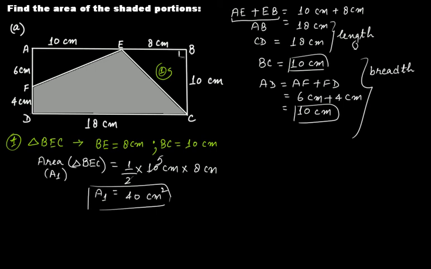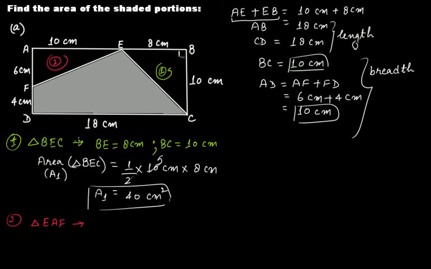In the same way, if we take this as triangle 2, triangle AFE or EAF, because it's right angle at A, so let's name it triangle EAF.